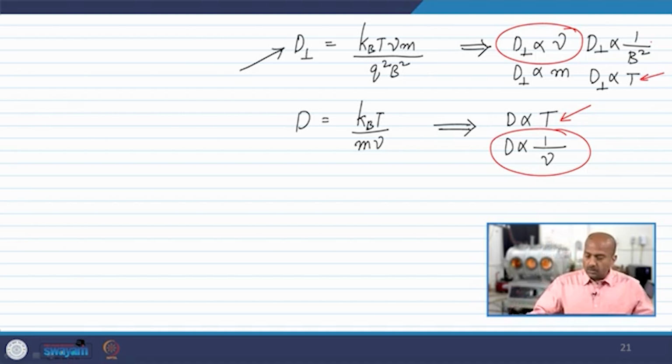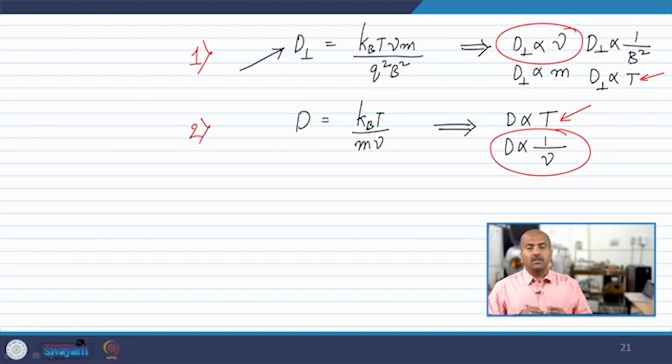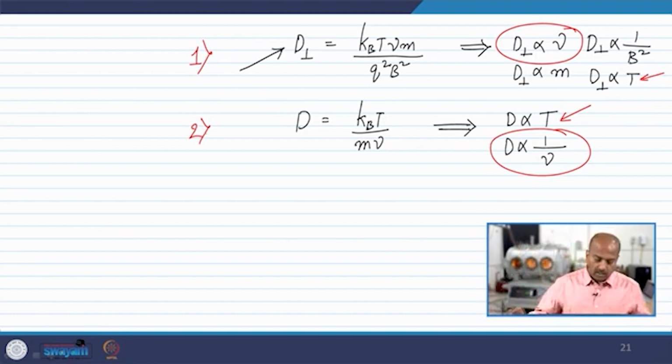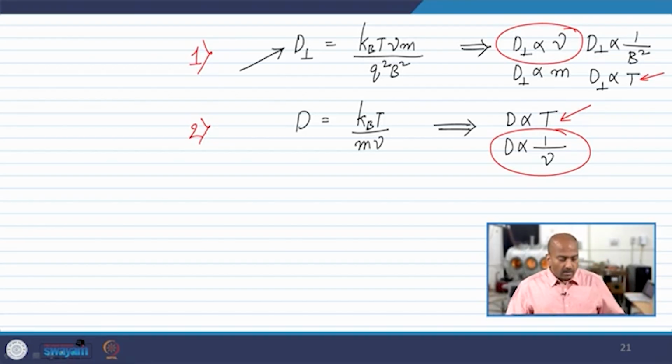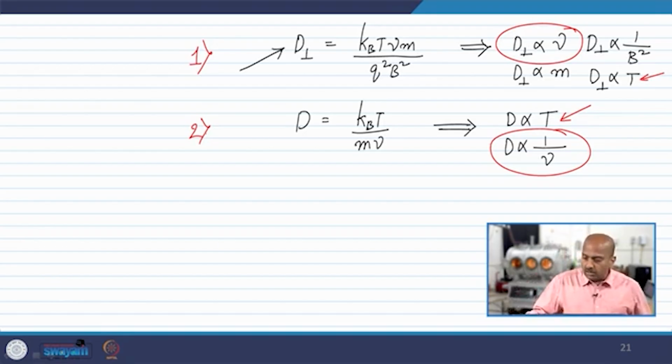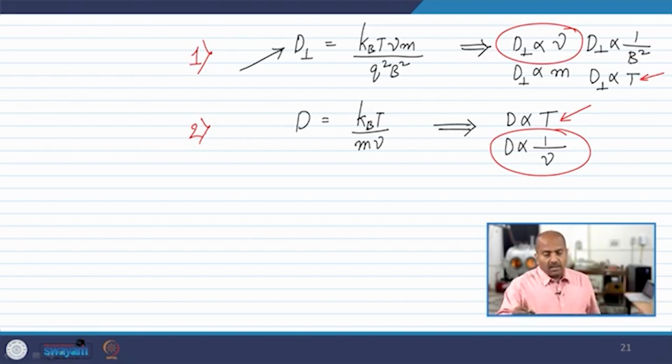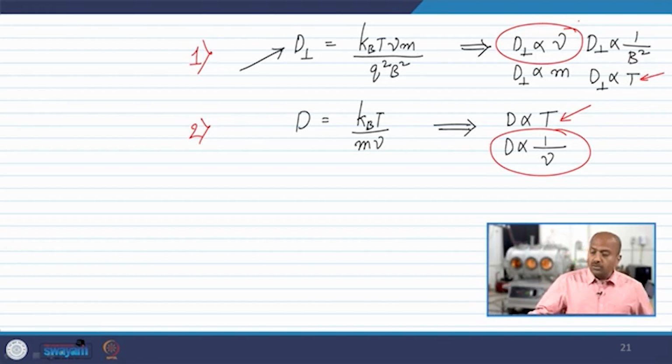Okay. So, let us say we call this 1 and we have 2. Both of these are nothing but diffusion coefficients, but one in the presence of magnetic field and another in the absence of magnetic field. So, as we see, the perpendicular diffusion coefficient is proportional to the collisional frequency, and in the case of a perpendicular magnetic field, we can see that collisions are very much needed for the diffusion to happen in the presence of magnetic field.